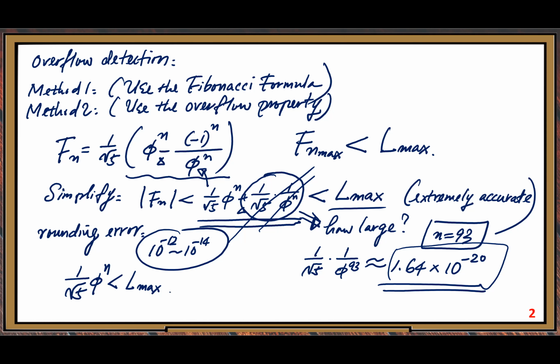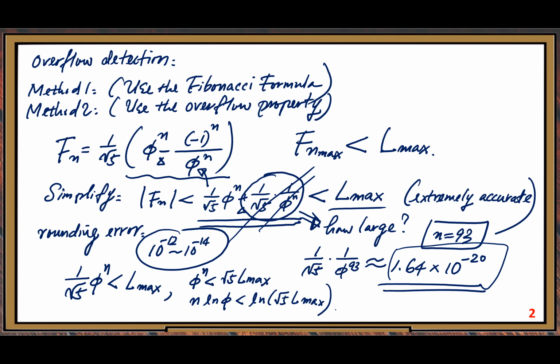Then we get n less than root 5 times L max. Take the natural log. Natural log of phi to the n less than natural log of root 5 times capital L max.